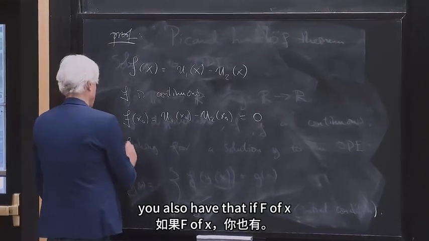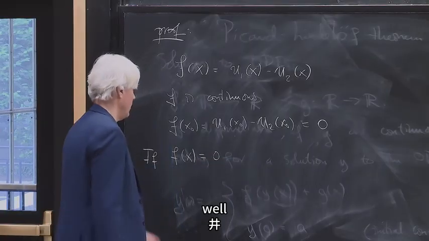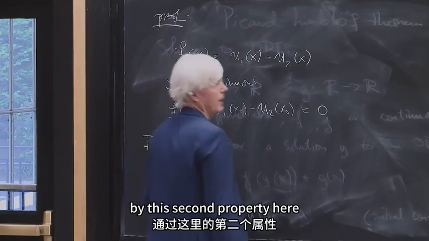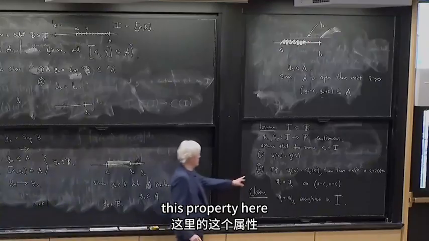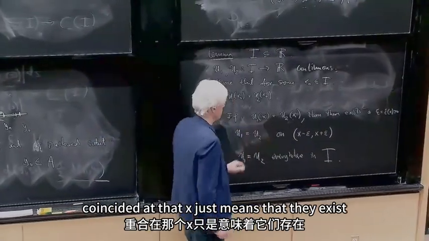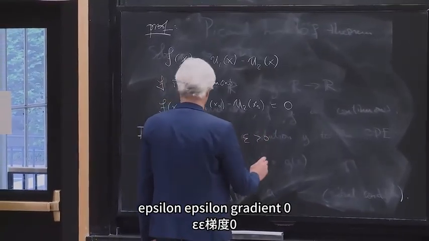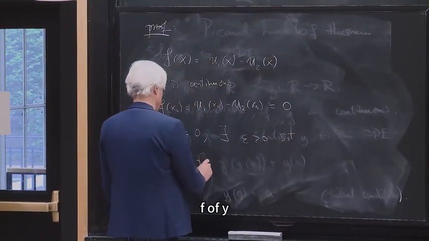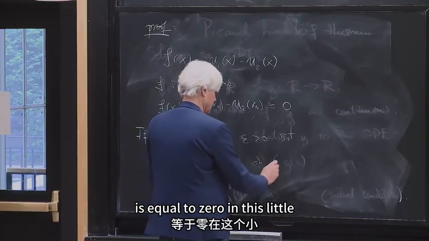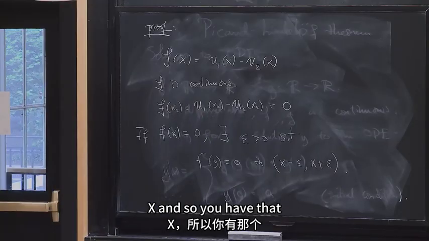You also have that if f of x is equal to 0, meaning that the two functions coincide at that x, then by the second property there exists an epsilon greater than 0 such that f of y is equal to 0 in this little interval around x.